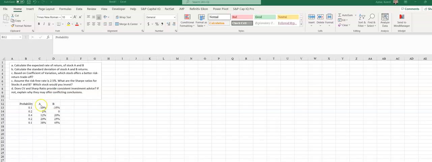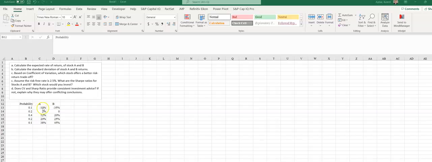So let's start with the calculation of the expected returns. You may remember that the expected returns are essentially probability weighted outcomes.